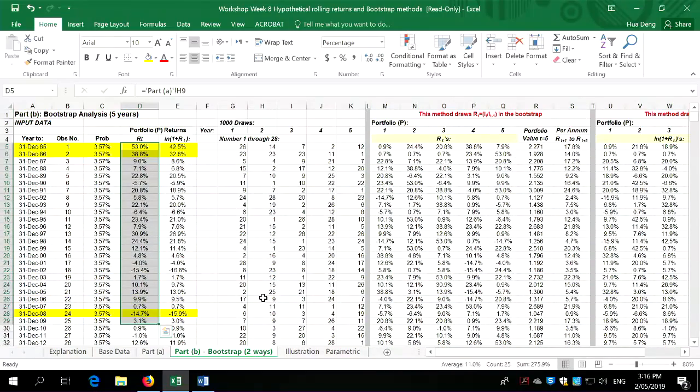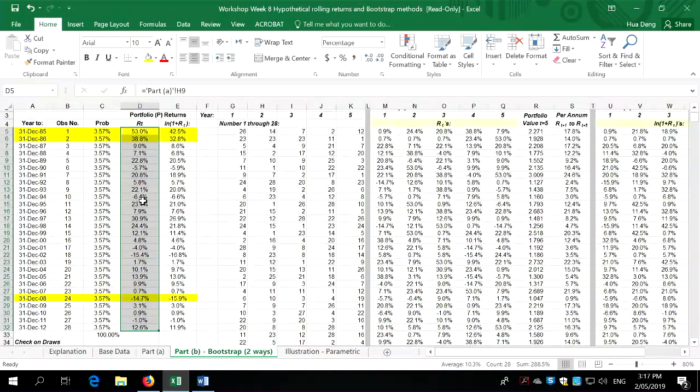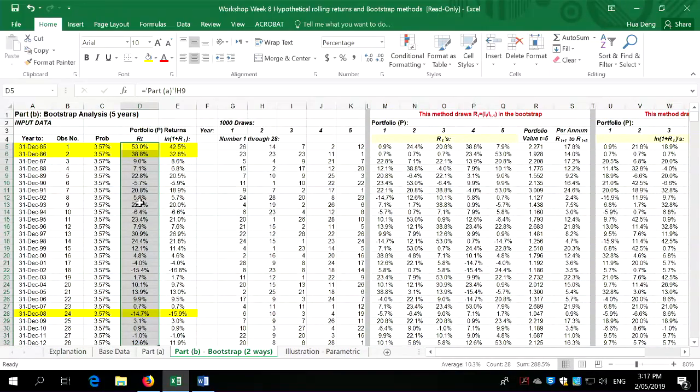So this is the spreadsheet you should have done in tutorial 2. Basically, we assume that the returns of the portfolio are going to be a random outcome in the future. Any one of the outcomes of the portfolio is going to have the same probability.